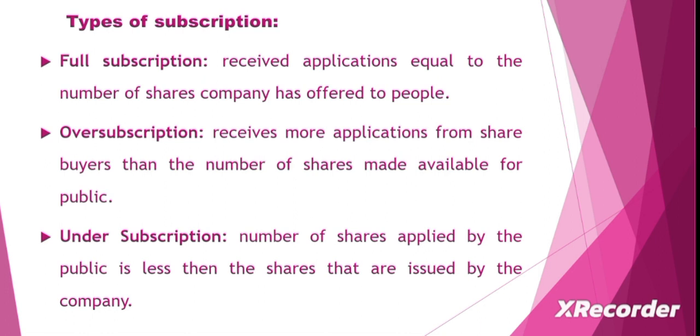It is referred to as the situation where the company receives more applications from share buyers than the number of shares made available for the public. For example, if a company receives 10,000 applications against their 6,000 shares, it can reject the remaining 4,000 in case there are any discrepancies.